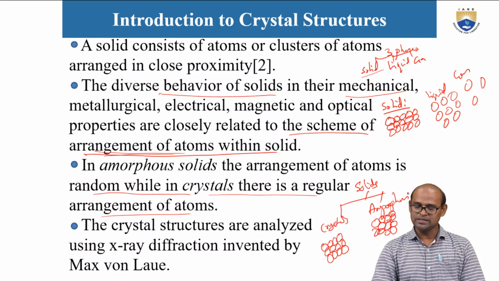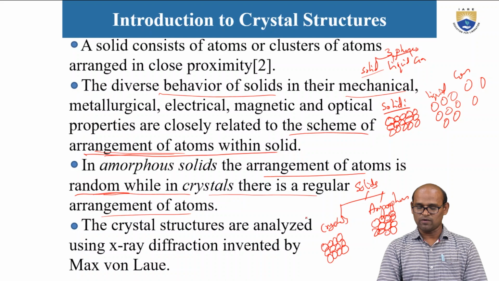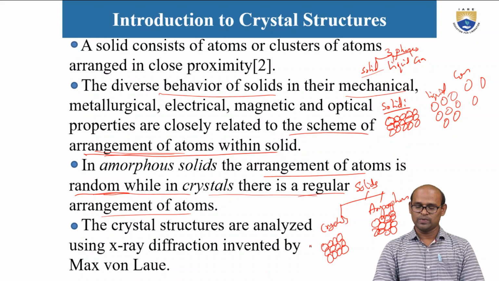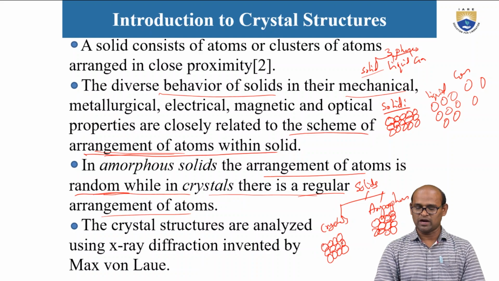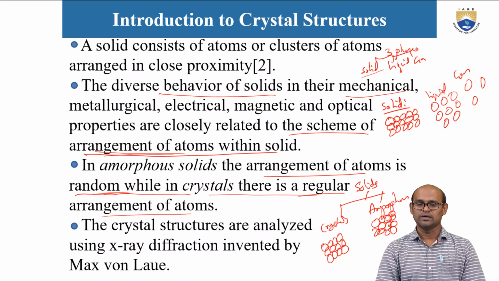Solids which have a random atomic arrangement are called amorphous solids, and solids which have a regular atomic arrangement are called crystals. So based on the atomic arrangement, you can classify solids into crystals, where atoms are arranged in a regular periodic manner, and amorphous materials, where there is no regular periodic arrangement of atoms. Atoms are arranged in a random way.